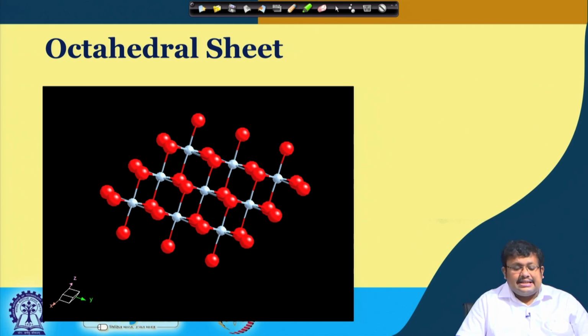Now, this tetrahedral sheet and octahedral sheet are the basic building blocks of any clay mineral structure, because most of the crystalline clay minerals are developed by a specific stacking arrangement of these tetrahedral and octahedral sheets in a single clay crystal.